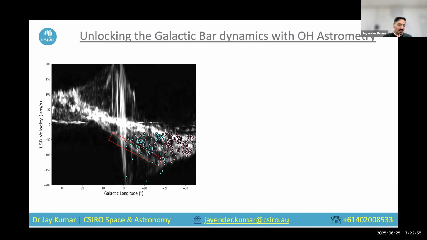I'm pretty sure the pink one represents the methanol masers, and the cyan one represents the water masers. And this comes from the GLOSTAR survey. Andreas Brunthaler at Max Planck, Germany, shared this image with me. This LV diagram is integrated over plus or minus 1 degree of galactic latitude, and you can see the LSR velocity as well as the galactic longitude.